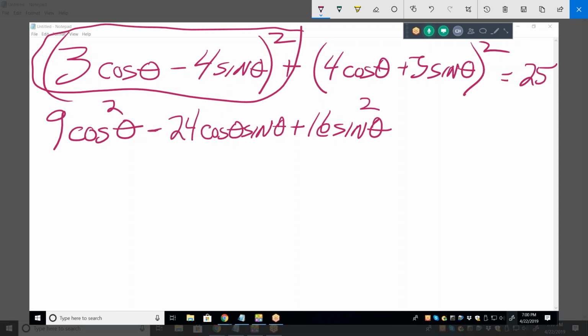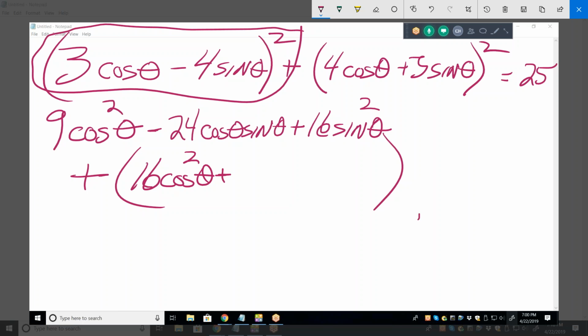You with me? Now I'm going to square the next one. What do I get? You get 16 cosine squared theta. Here's the thing to remember. (a plus b) squared is always a squared plus 2ab plus b squared.